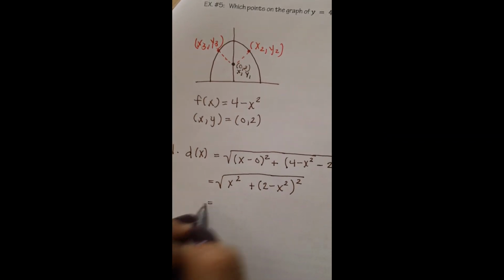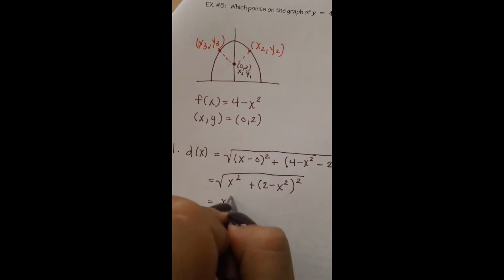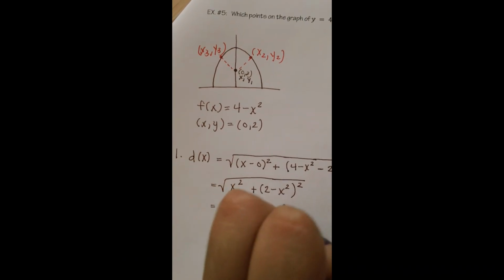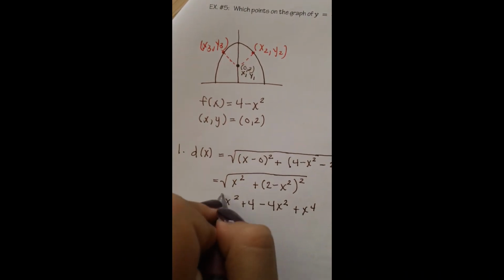If we FOIL that second parentheses out, we end up with x squared plus 4 minus 4x squared plus x to the 4th.